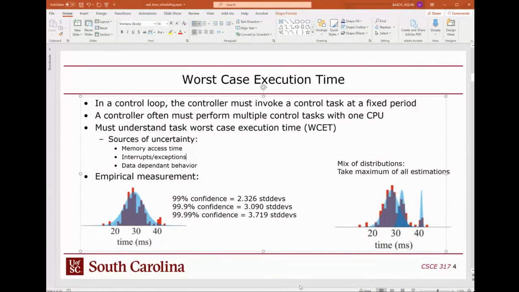So anyway, if you look at the actual internals of your task, there could be 3 different control paths that all have their own Gaussian distributions.